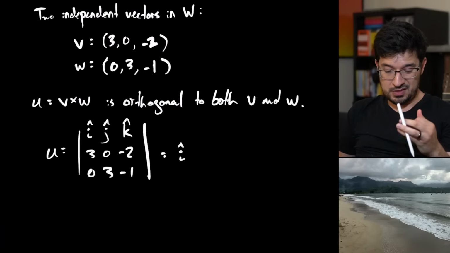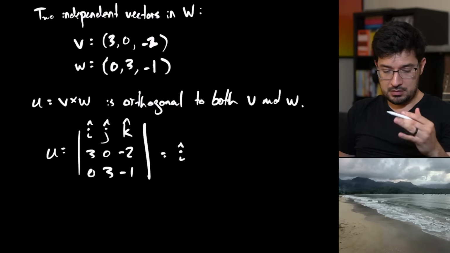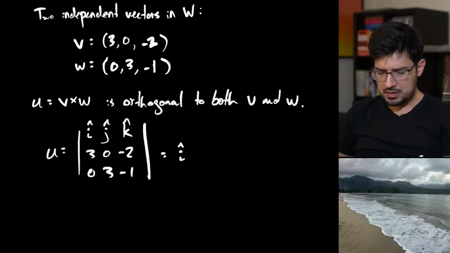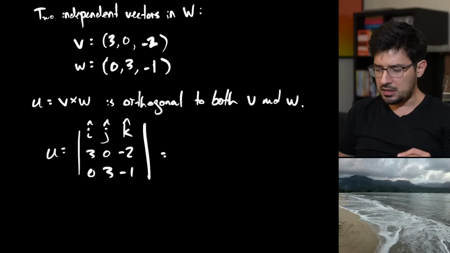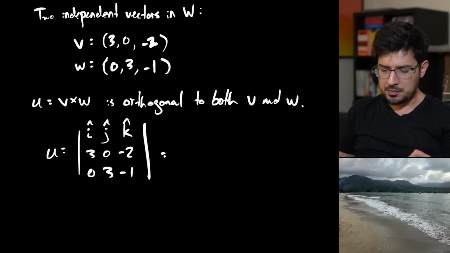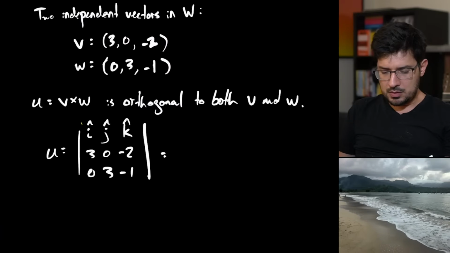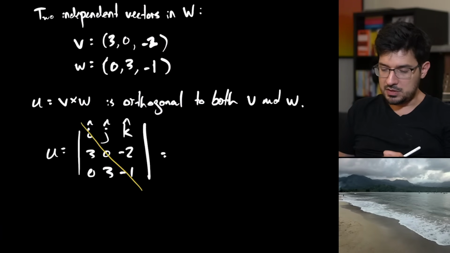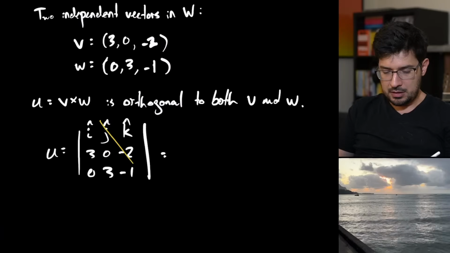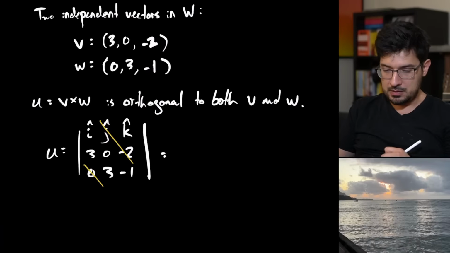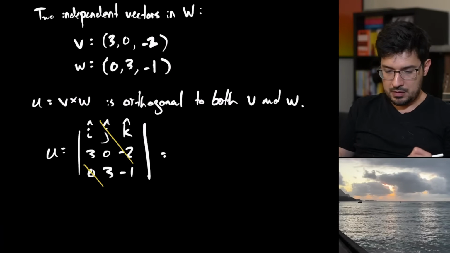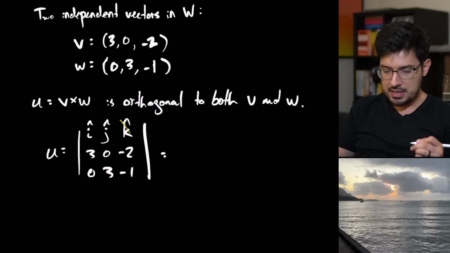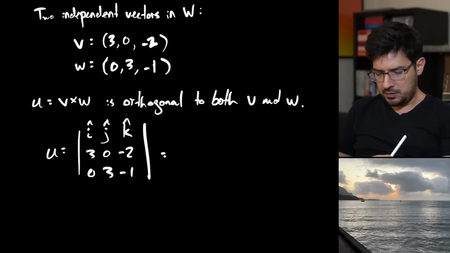Although I wonder if I could do it as the 3 by 3 determinant in place formula. Yeah, let's try that. Multiply along this diagonal, which is 0. Multiply along this diagonal, which is 0. And then multiply along this diagonal, which is 9k.